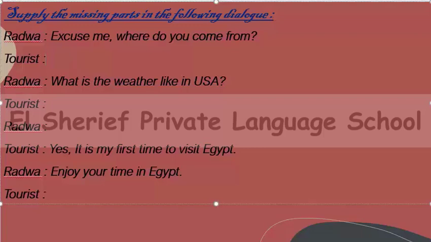Yes, it's my first time to visit Egypt. Enjoy your time in Egypt. Okay, let's answer number 1. Excuse me, where do you come from? Here we see that Radwa in the next question will ask about the weather in USA. So this tourist is from the USA.